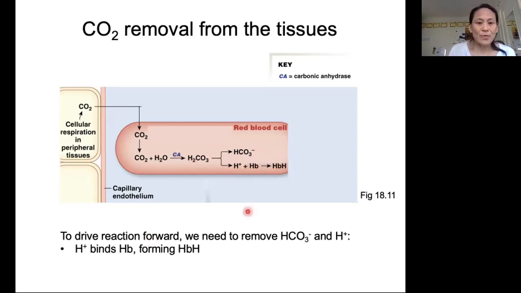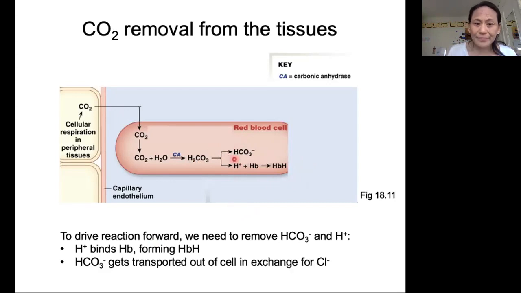First, our hydrogen ion is going to bind hemoglobin to form this molecule here. Secondly, we're going to need to remove bicarbonate. The way we remove bicarbonate is we transport it out of the red blood cell in exchange for chloride ion.